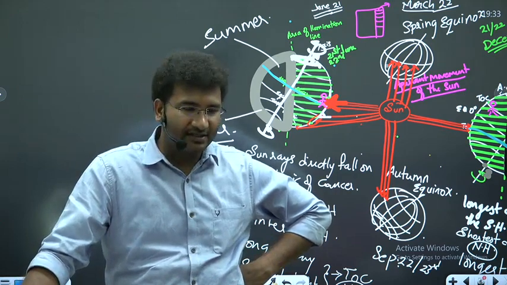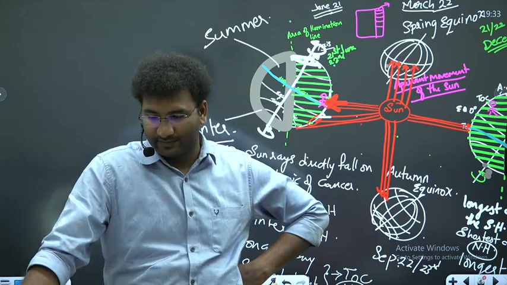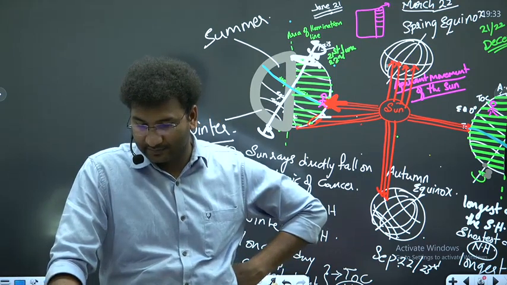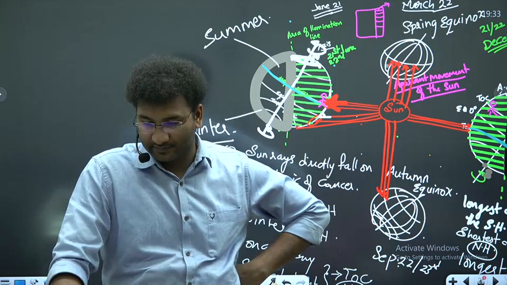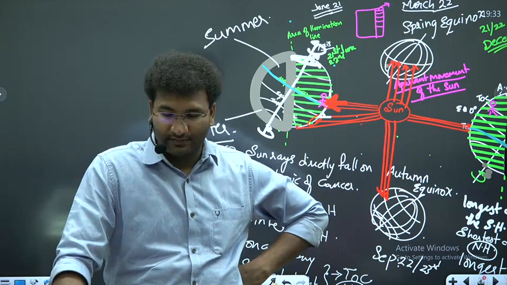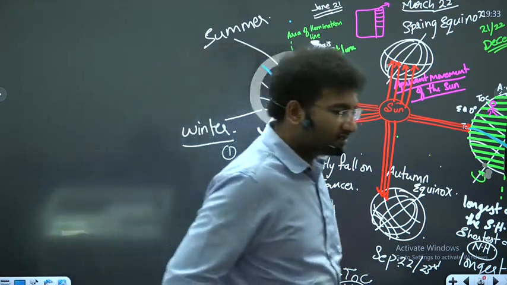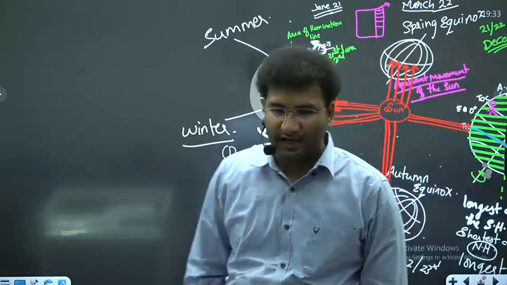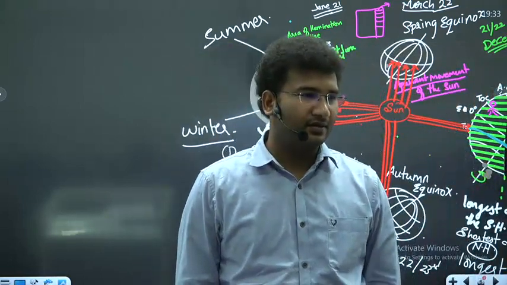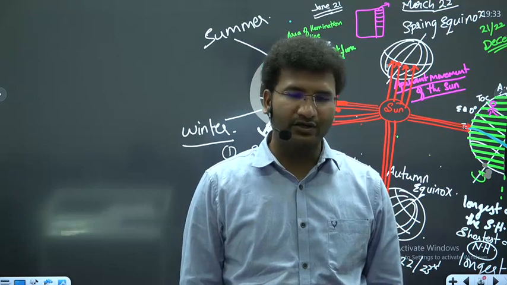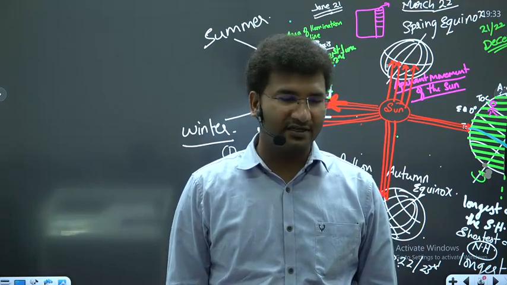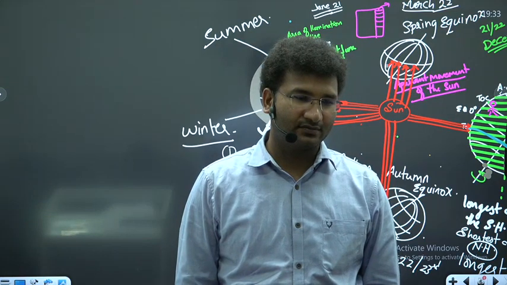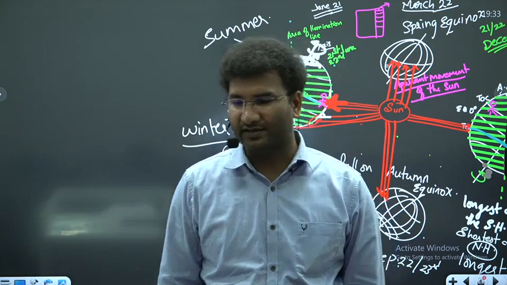It is summer in the southern hemisphere and winter in the northern hemisphere. The sun does not set below the horizon of the Antarctic Circle on December 22nd.